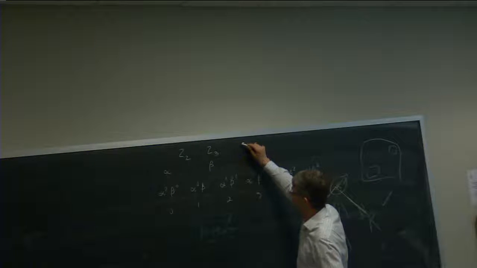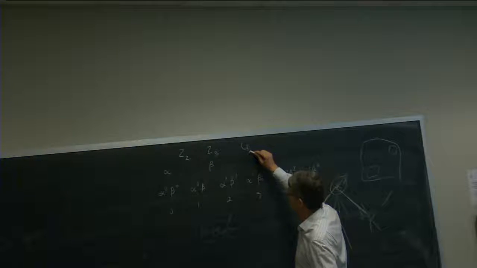How many other variations are there? Alpha 0, beta 2, alpha 1, beta 2. Okay, so let's just call this 0, 1, 2, 3, 4, 5. So I'm going to number the group. This is an Abelian group. This is a group of order 6.